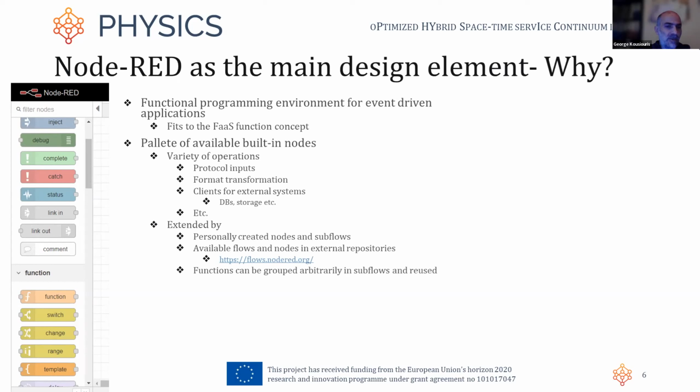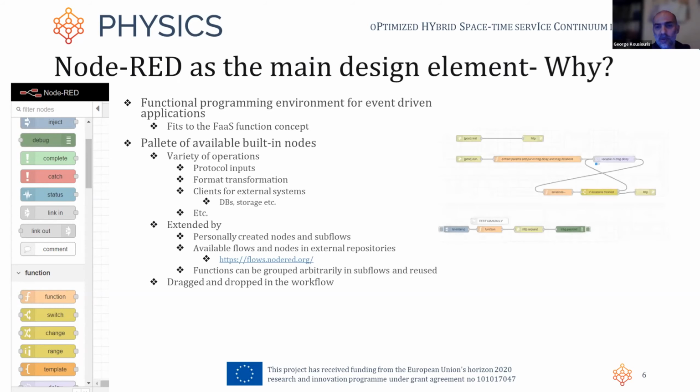One feature that we like a lot, very easy to create, to group functions together, create subflows, and then reassign these subflows, let's say, as new functionality. So you drag and drop in the workflow, you link them together, you may put arbitrary code segments at some individual points, and you create the flow that is then deployed on an operating server that gets executed and waits for events to trigger the flows.